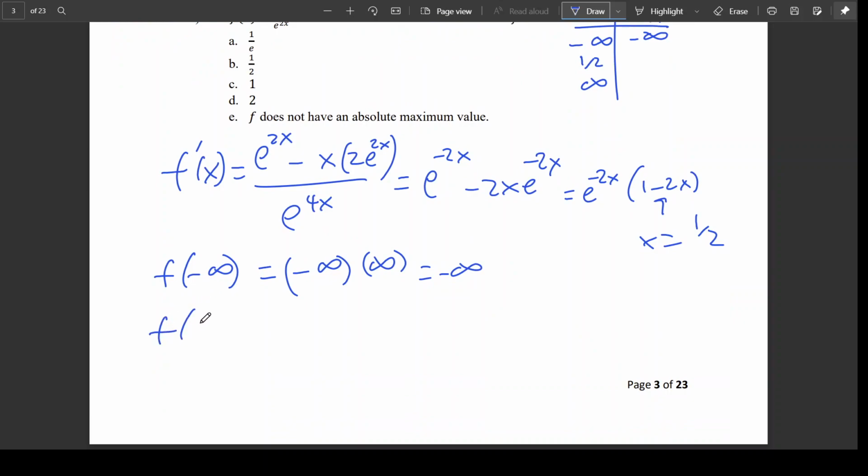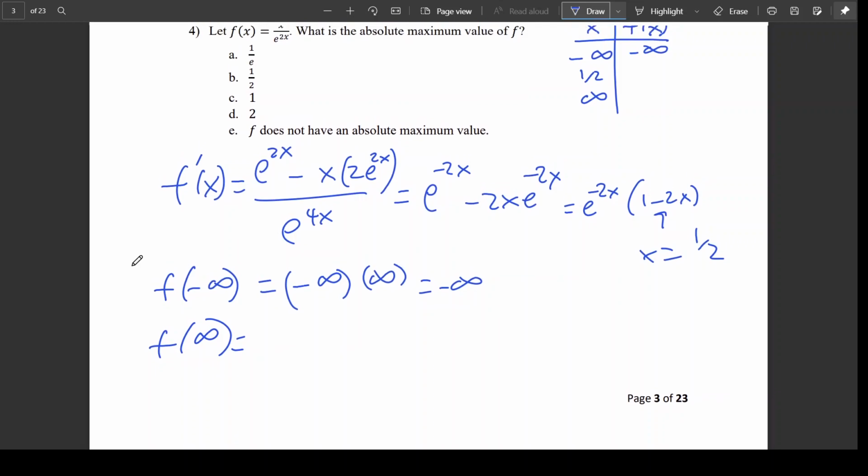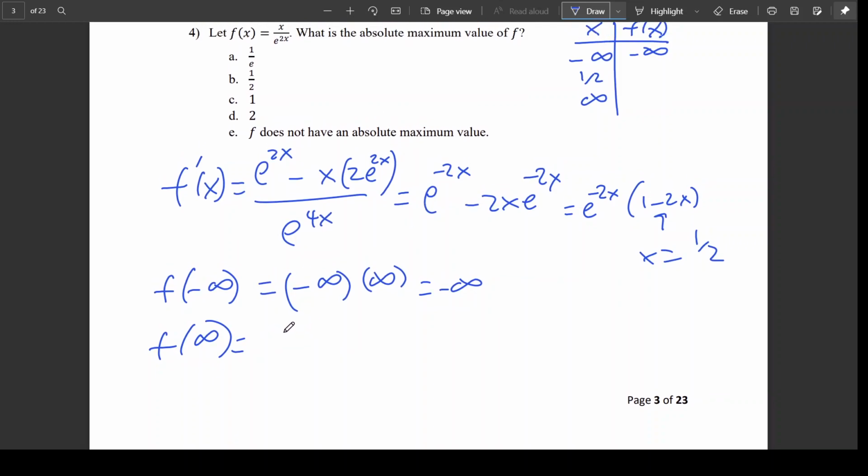So f of infinity, that's going to be, what was f of x again? Oh, that's right, okay. So it's going to be like infinity over e to the infinity, which is infinity. So how do we do that? Well, we're going to use L'Hopital's rule.